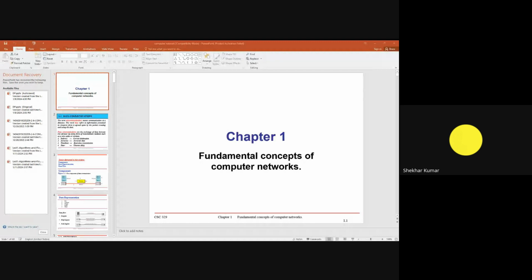So a computer network is a group of computers that has the potential to transmit, receive and exchange data. This network can be set up with the help of either cables or, in modern times, wireless media.